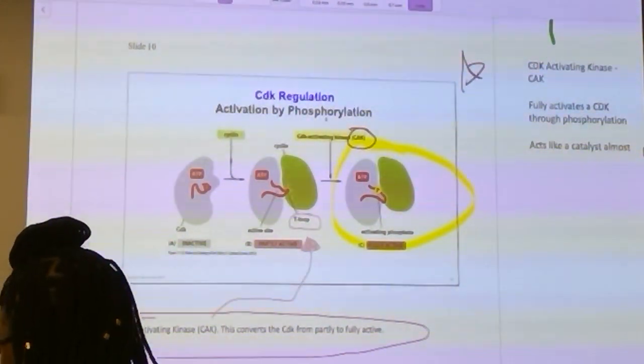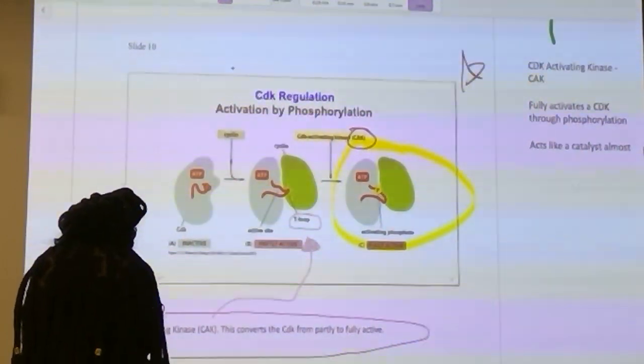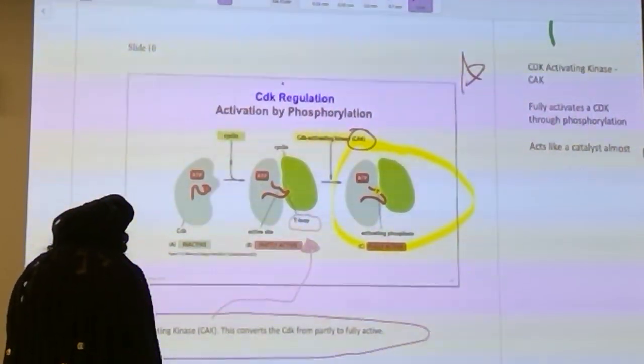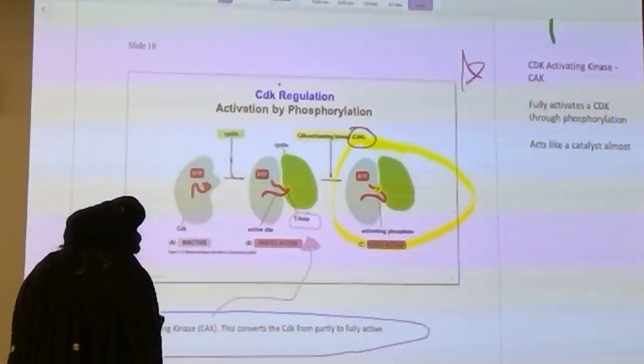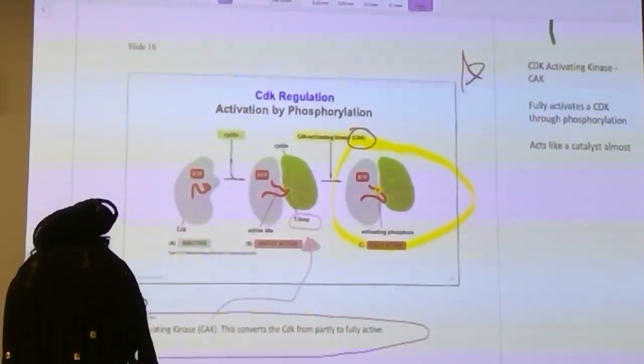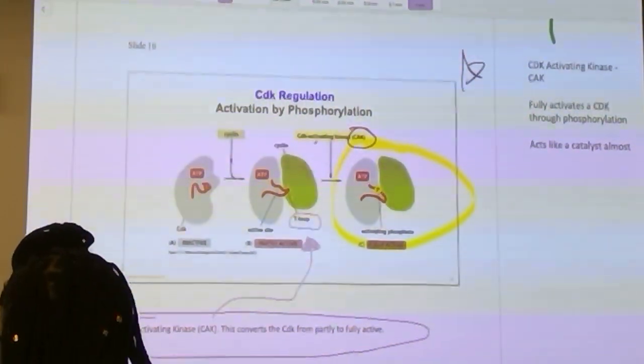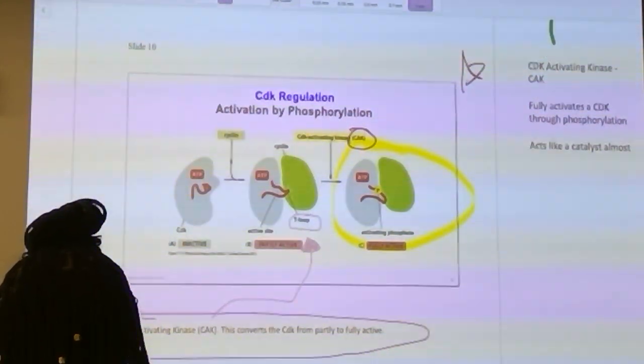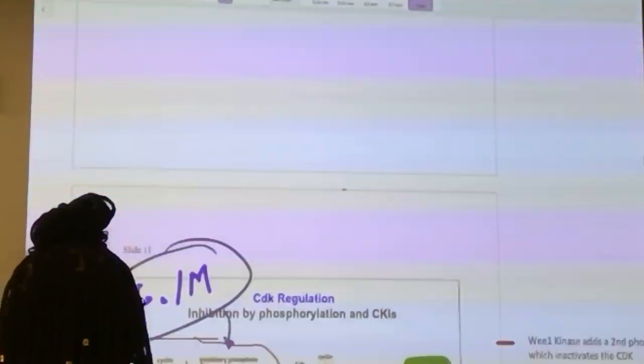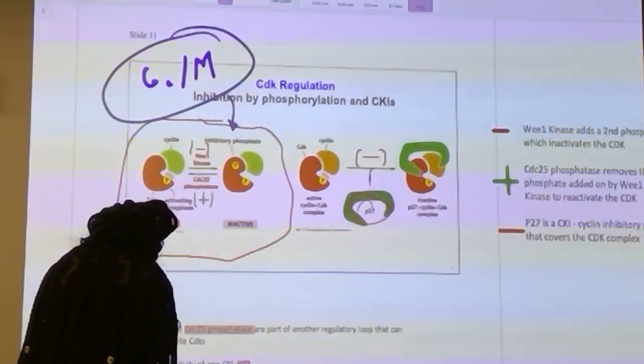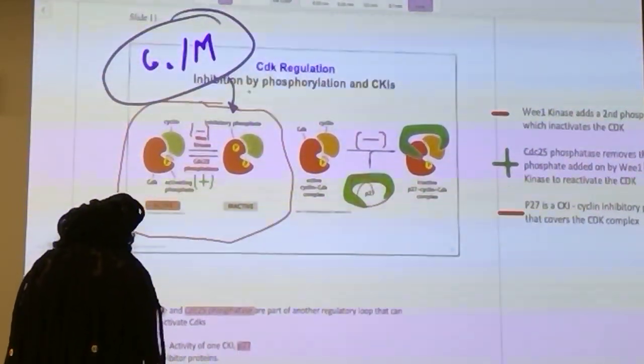And to activate a CDK, you need to phosphorylate it. What phosphorylates it is CDK activated kinase. Then this is your G2M checkpoint.